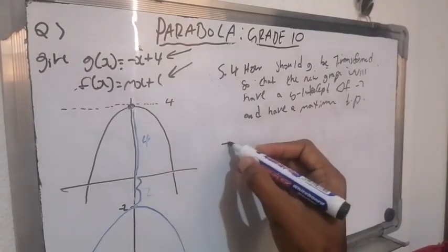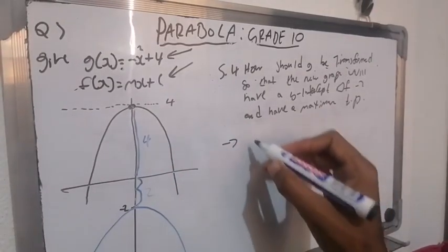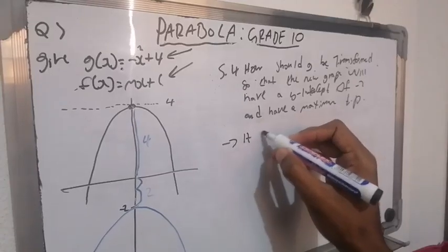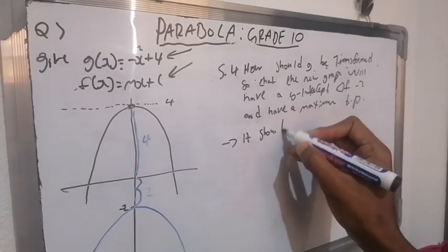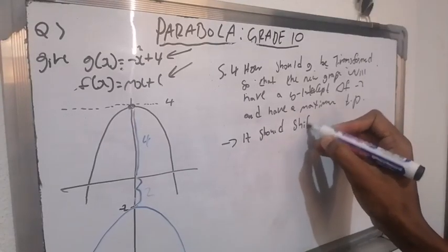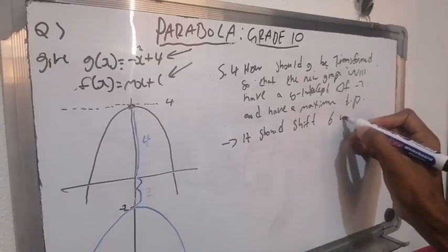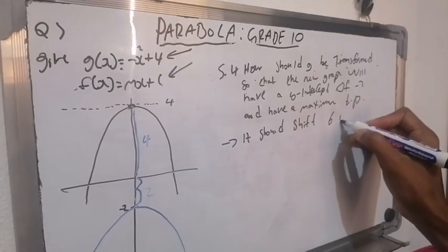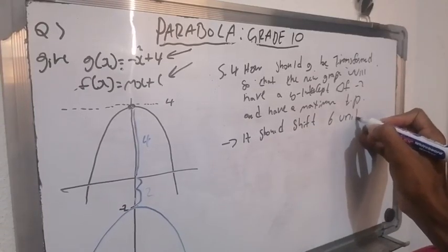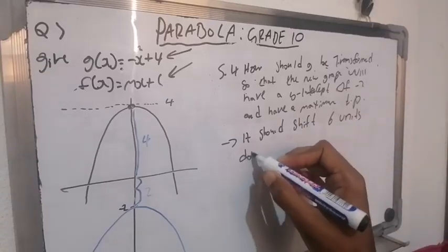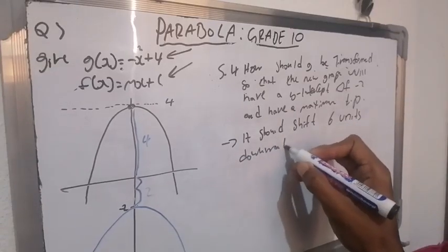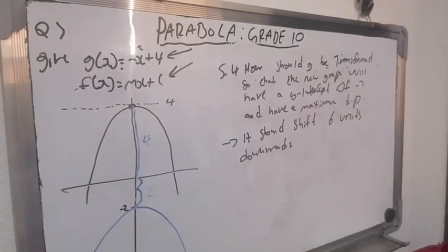So that's how you answer the question. You're going to say it should shift 6 units downwards. That's how you'll answer that question.